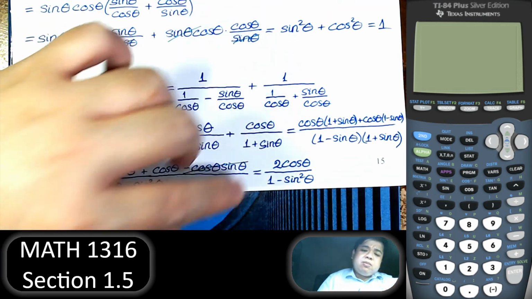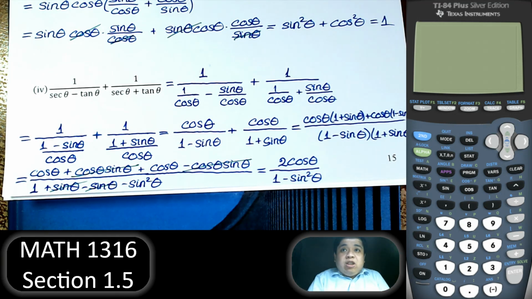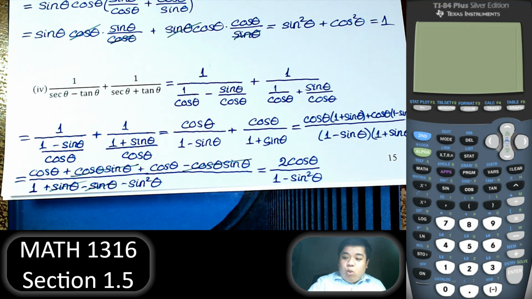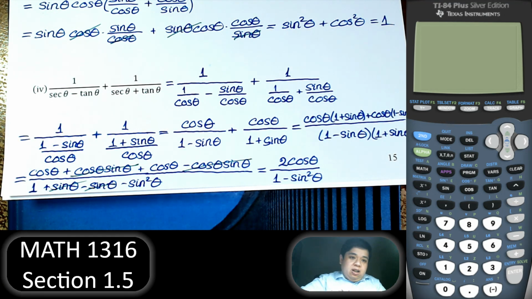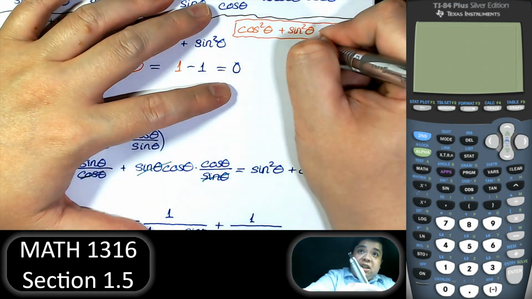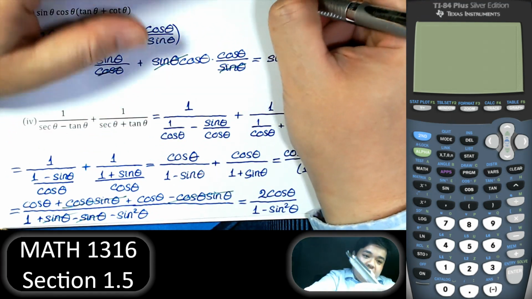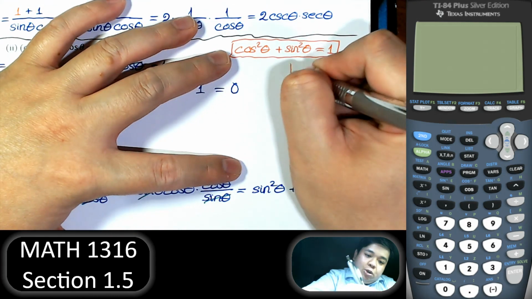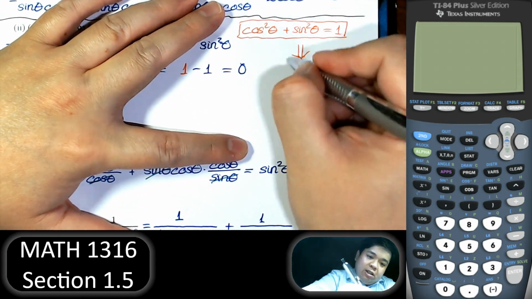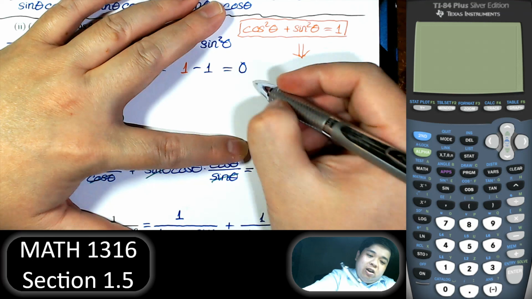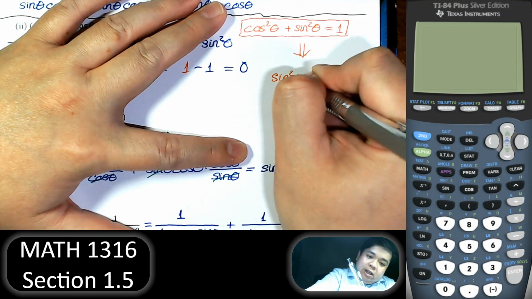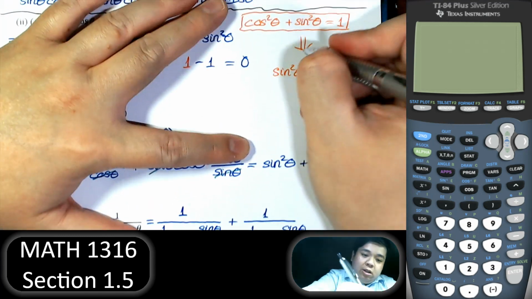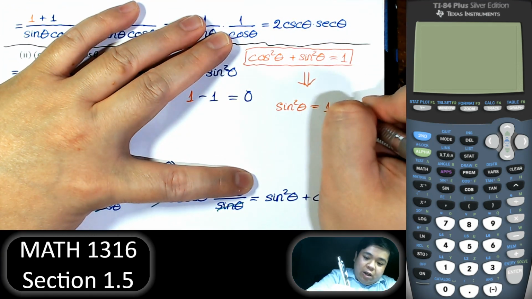So what's that? So that's the reason I prefer to write everything in terms of sine cosine, because when we see sine square, cosine square, more often than not, it is the Pythagorean identity. So if we want sine, just subtract the cosine on the other side. So from here we can say sine square is equal to 1 minus cosine square.